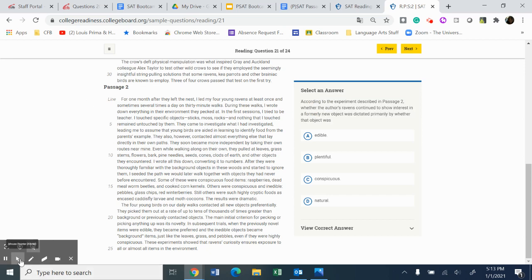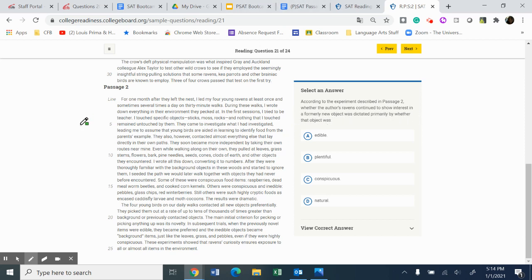I'm going to do a tiny bit of annotation, just not a lot, because that's definitely something that's going to take time, and I don't know if it's going to pay off. According to the experiment described in passage 2, whether the author's ravens continue to show interest in a formerly new object was dictated primarily by whether that object was.